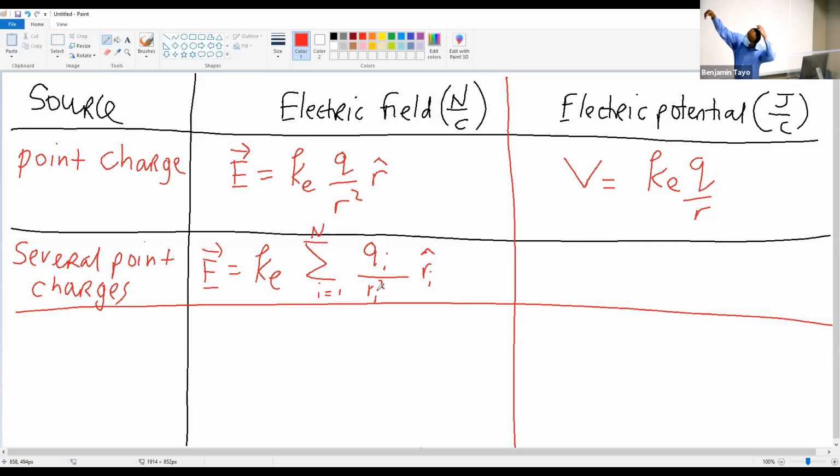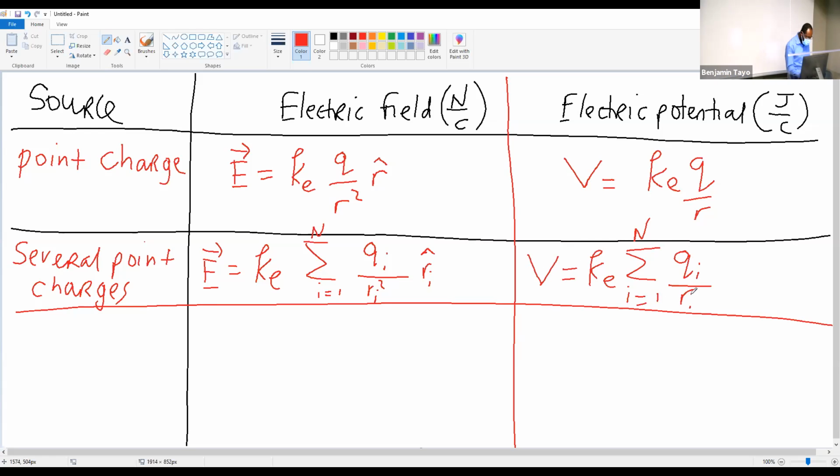It means that you need to take all the source charges, calculate the unit vectors and everything, and then do that summation. Now for electric potential, again, I don't need to take any vectors, you just sum: Ke, the sum from i equals 1 to n of Qi divided by Ri.